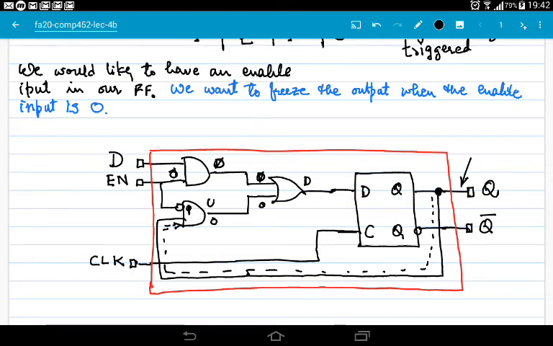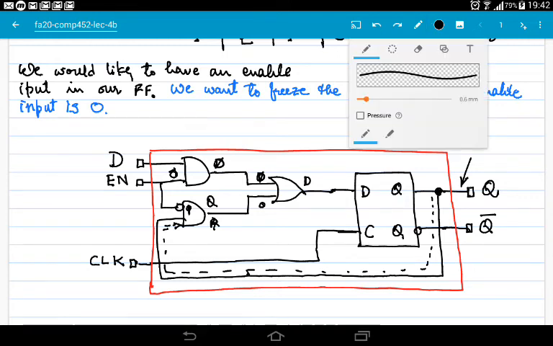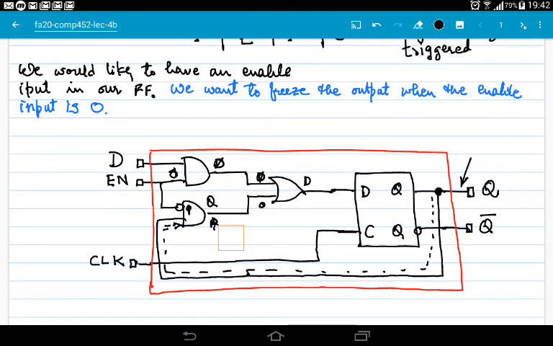So 1 and Q is Q. So here the output is Q, this Q comes here, and since this is 0, we get Q here, so Q goes into the input D, and on the falling edge of this CLK signal, the same Q goes to the output again.